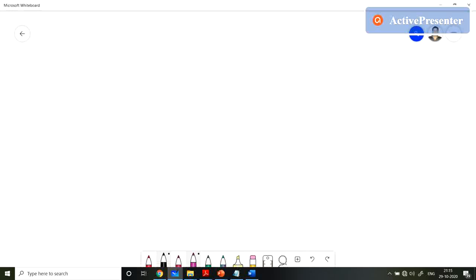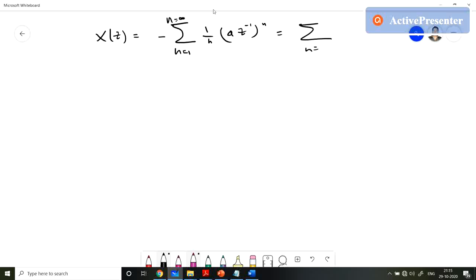Now what we are going to do, X(z) equals minus, just applying this, minus summation n equals 1 to infinity, 1 by n (a z inverse) raised to the power n, and that is equal to summation n equals 1 to infinity 1 divided by n a raised to the power n z raised to the power minus n.